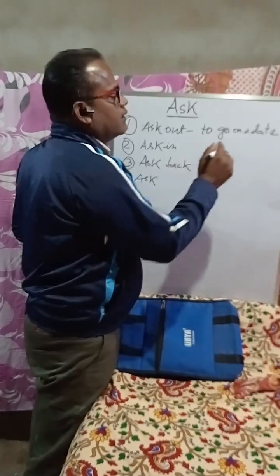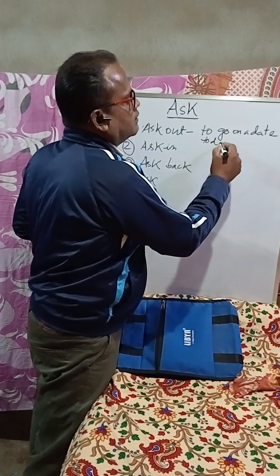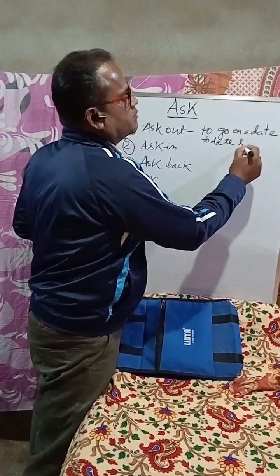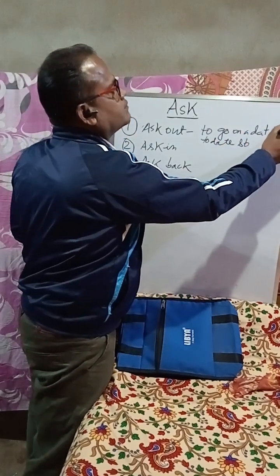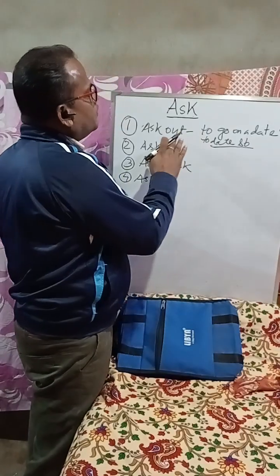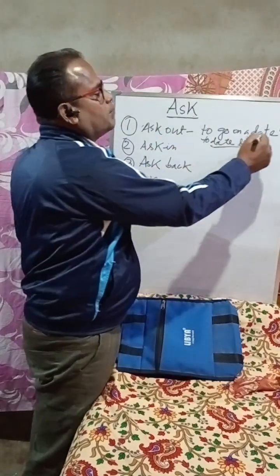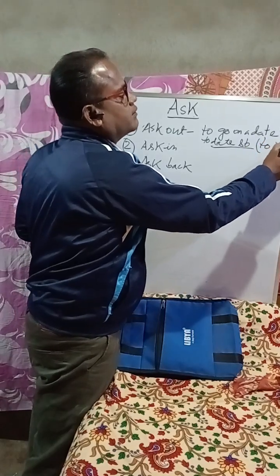To go on a date, or if you are dating, to date someone. Then if you ask someone out to a particular place, you can tell him to go to a place with you.